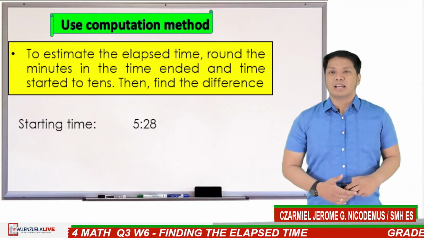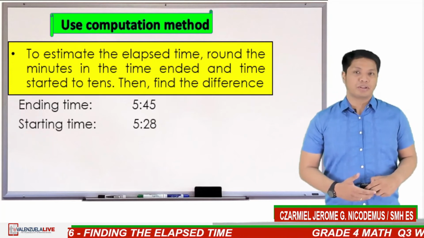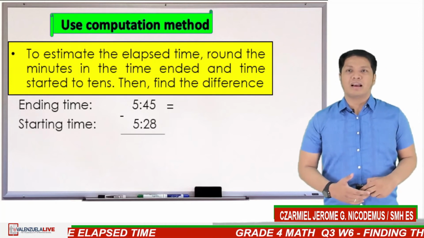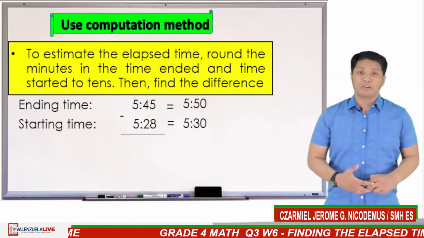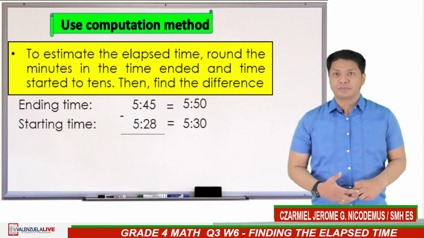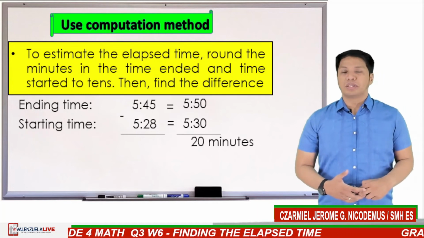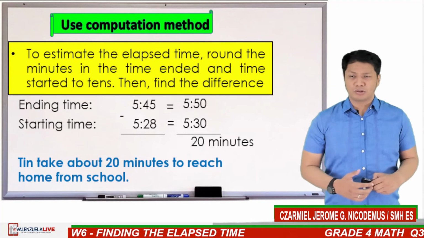So the starting time is 5:28 and the ending time is 5:45. So the estimated ending time will be 5:50 and the estimated starting time will be 5:30. So 5:50 minus 5:30 is equal to 20 minutes. So Tin took about 20 minutes to reach home from the school.